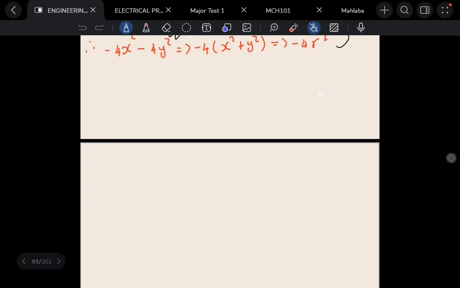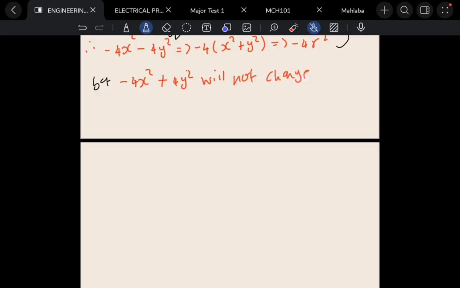But negative 4x squared plus 4y squared will not change to either negative 4r squared or positive 4r squared.